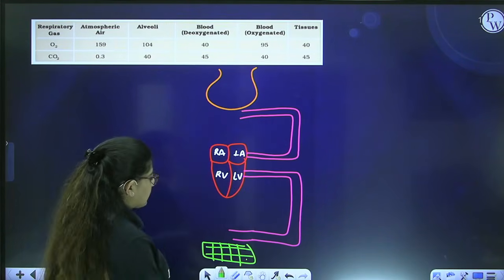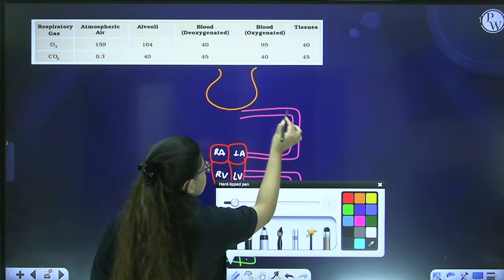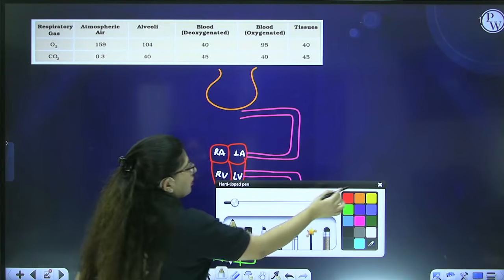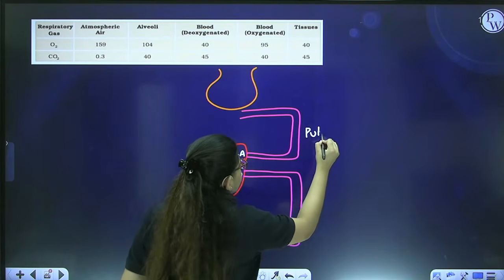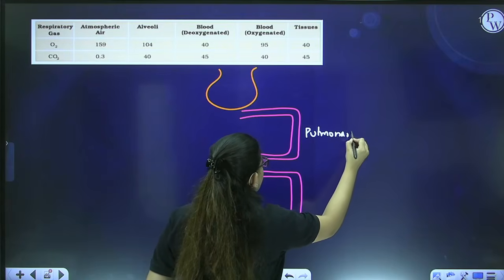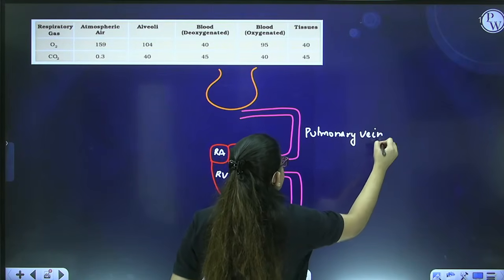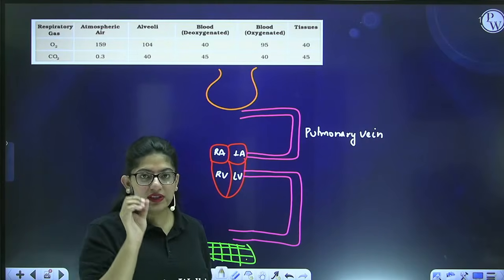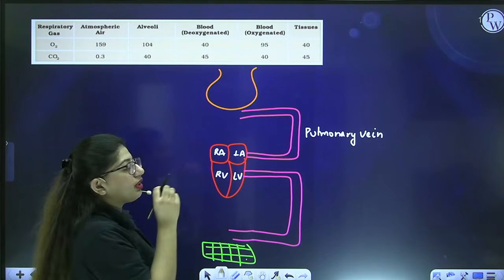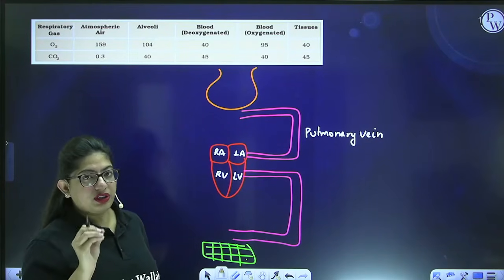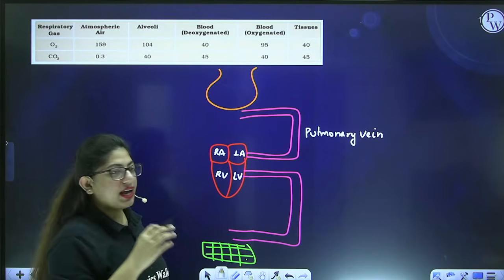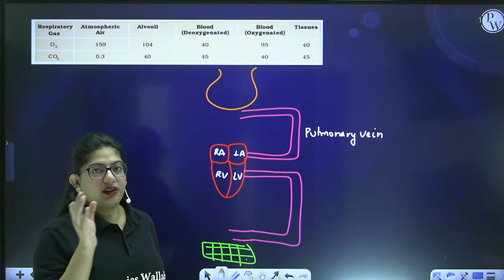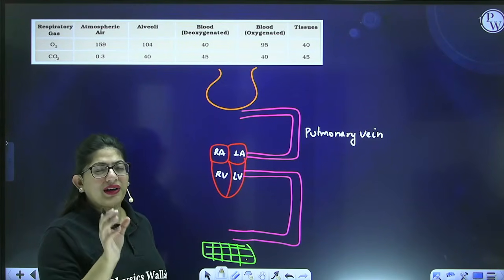So from the alveoli, the oxygenated blood enters here through the pulmonary vein. This is the pulmonary vein, and the blood in the pulmonary vein is oxygenated. This is an exception. Veins carry deoxygenated blood, but there is one exception here: the pulmonary vein carries oxygenated blood. I think I said oxygenated earlier, so pardon me.